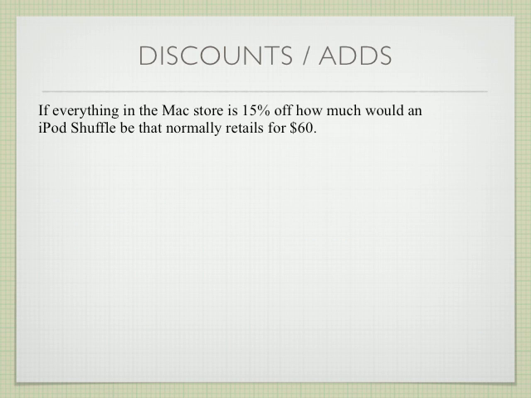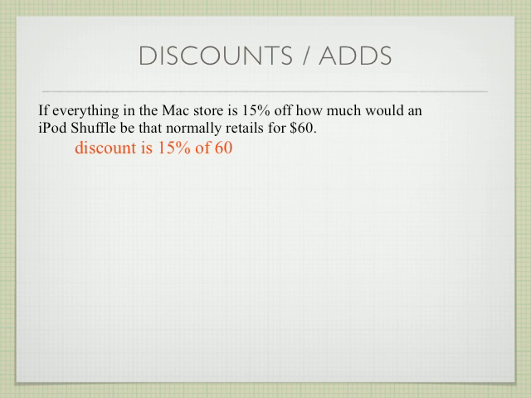So let's say, here is a separate example. If everything in the Mac store is 15% off, yeah, right, I wish. How much would an iPod Shuffle be that normally retails for $60? Okay, let's look at it this way. The discount is 15% of 60. Notice I've just filled in the blanks on that sentence that I have you do in Lecture 7C.